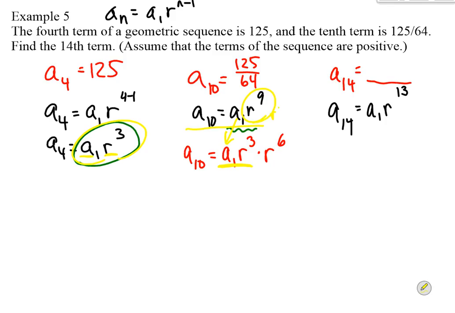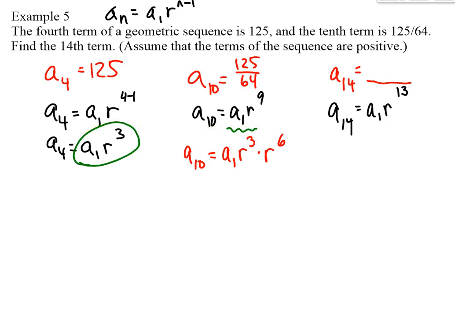Remember, r to the 9th is 1, 2, 3, 4, 5, 6, 7, 8, 9. So I'm writing 3 of them right there, and then there's 6 of them left. Are you with me on that? 9 minus 3 is 6 because I add powers when I'm multiplying exponents.